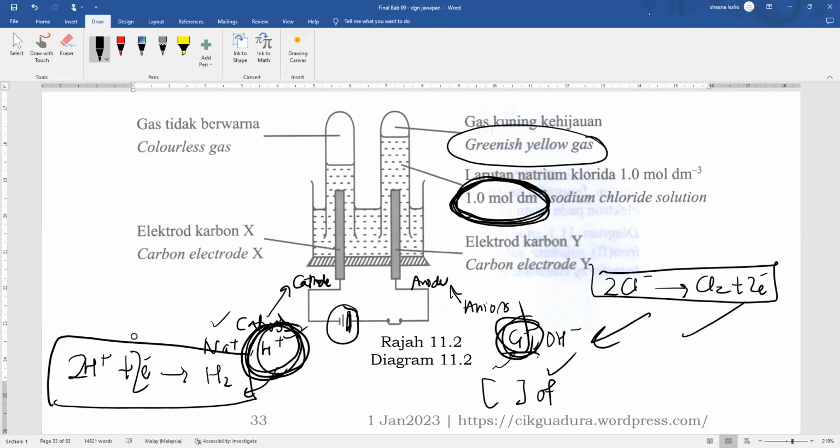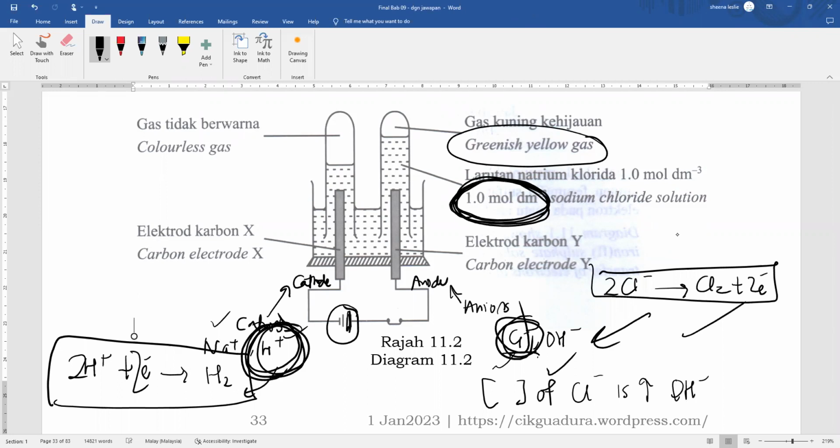Alia, you can try. The concentration of hydrogen ion. No, we're not doing hydrogen, we are doing chloride here. Chloride and hydroxide. The concentration of chloride ion is higher than hydroxide ion. Perfect. Very good answer.